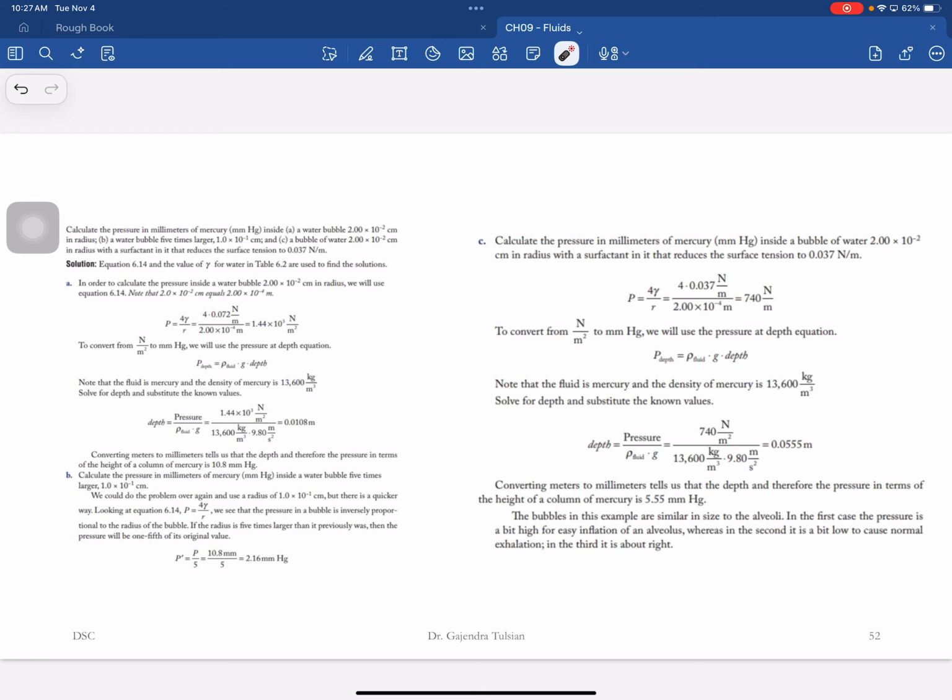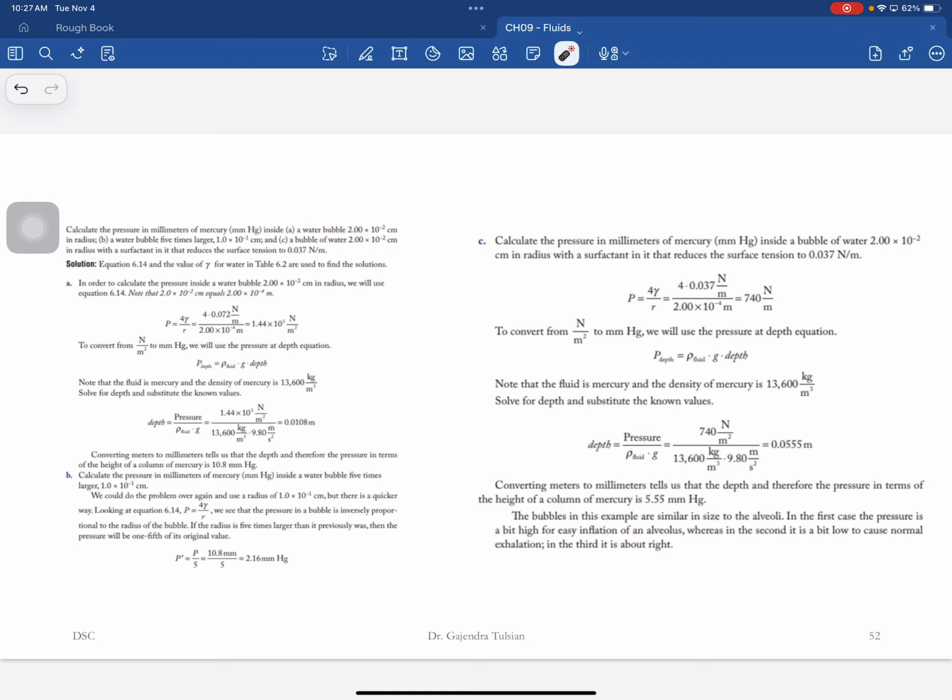I'm going to put up some numbers. This will calculate the excess pressure in millimeters of mercury for water bubbles this size.